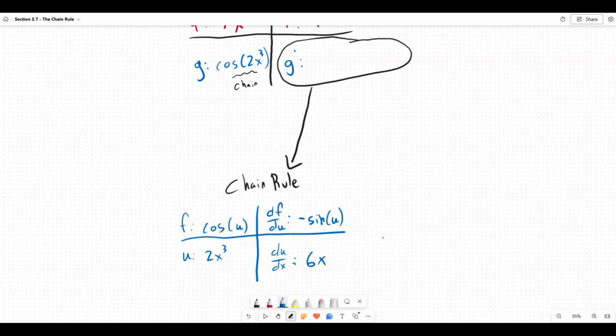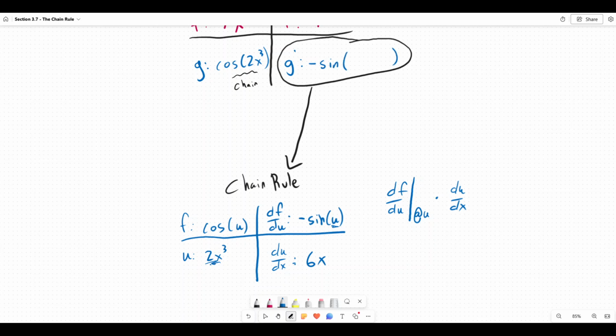So remember, putting it all together, it's df over du evaluated at u times du over dx, which is just to say we're going to plug in what we know u to be. So for this rule, I'm going to get negative sine of something.